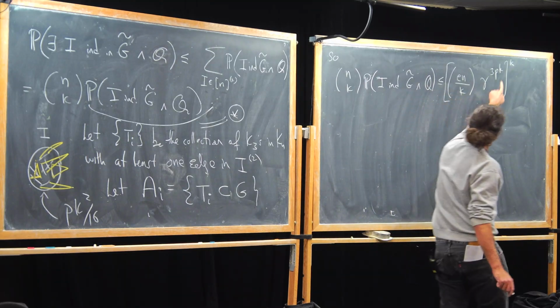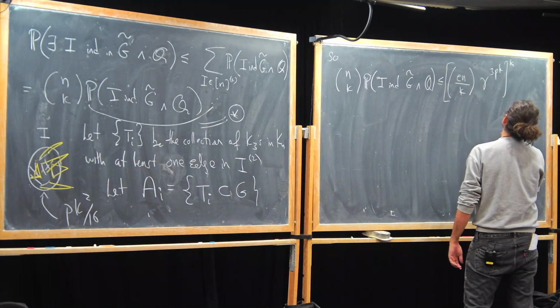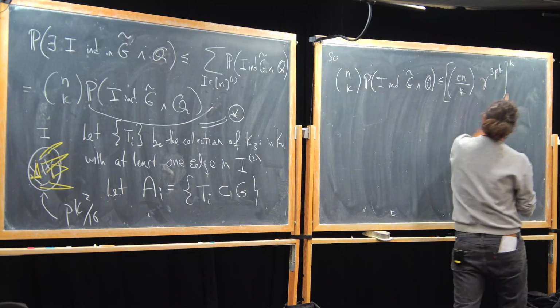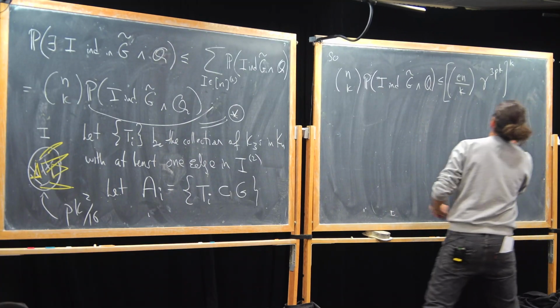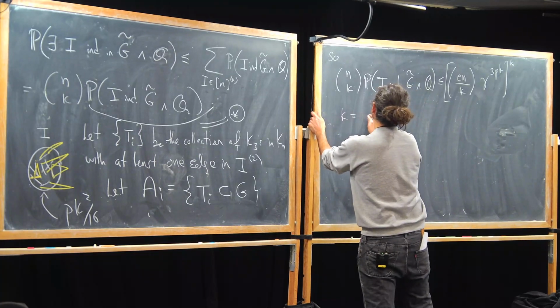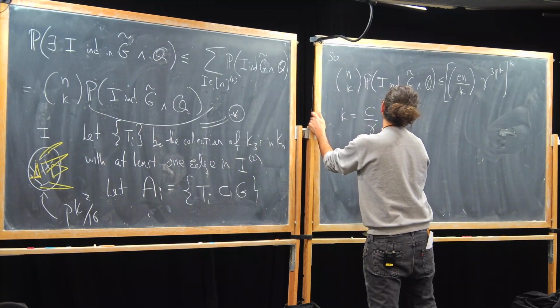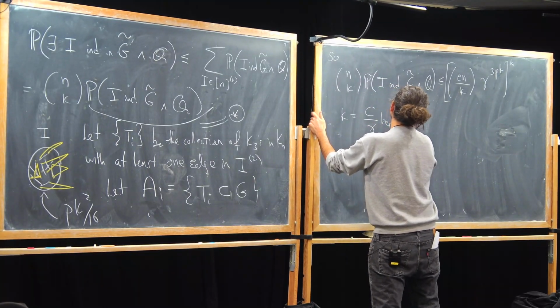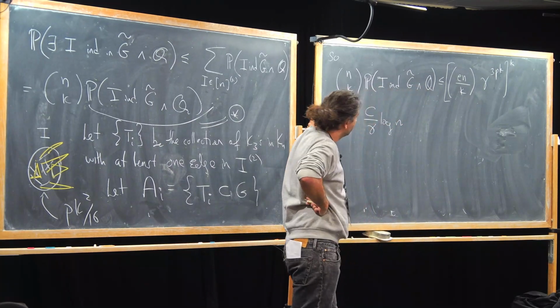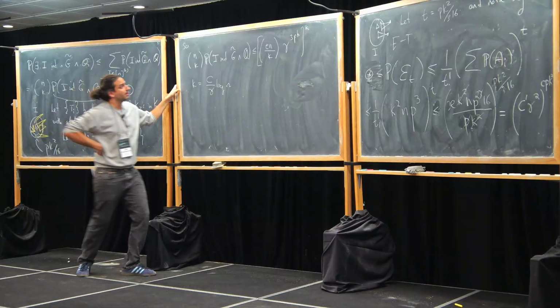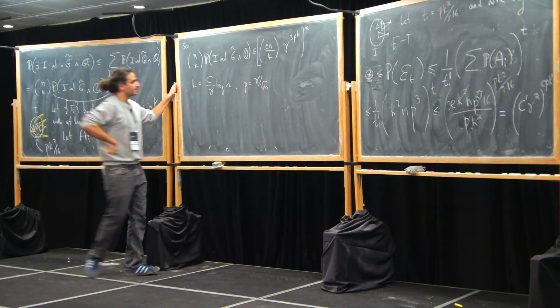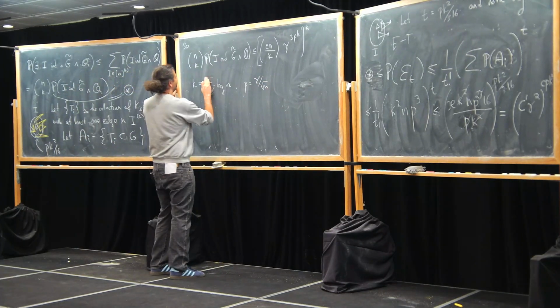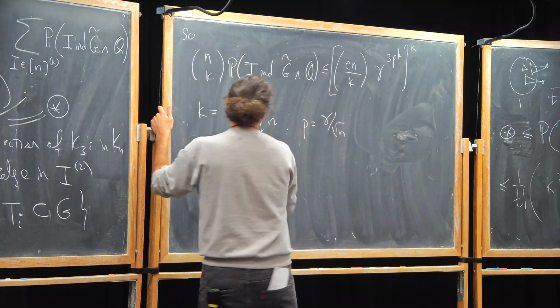Right. So now, just to remind you, k was like some large constant over gamma times log n. Right. And of course, p is, as you remember, like this. Oh, sorry, I also forgot, times root n.